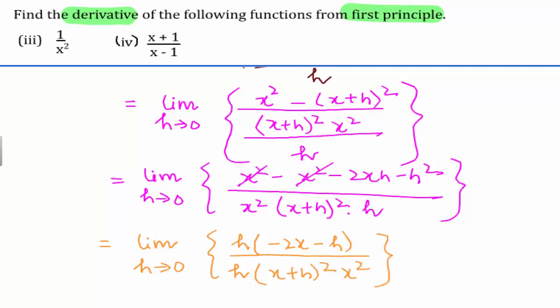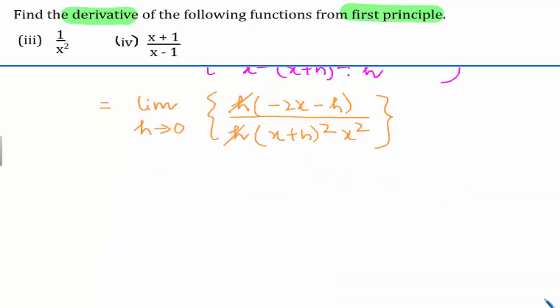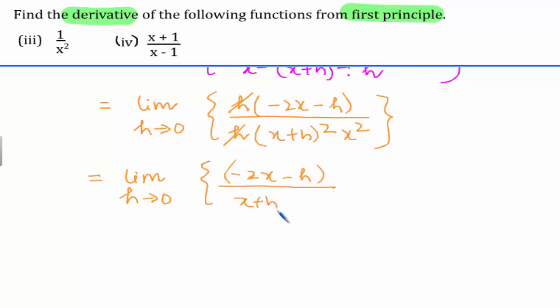Now cancelling h from the numerator and denominator, we further have limit as h approaches 0, (minus 2x minus h) divided by (x plus h) whole square into x square.